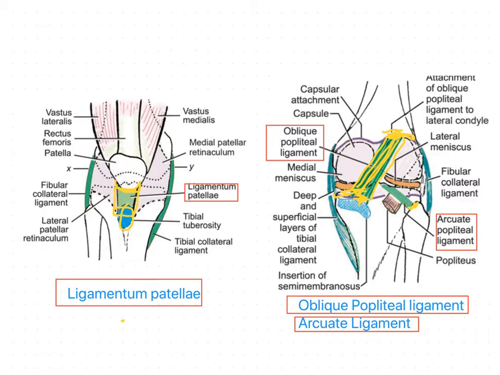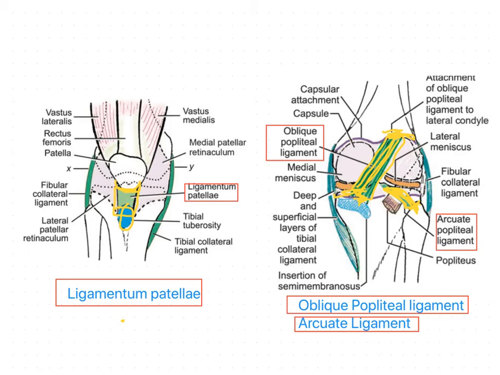From there it extends backwards from the head of the fibula, arches over the tendon of the popliteus, and is attached to the posterior border of the intercondylar area of the tibia. From fibula to intercondylar area, this ligament forms an arch-like structure which helps to pass out the tendon of the popliteus.